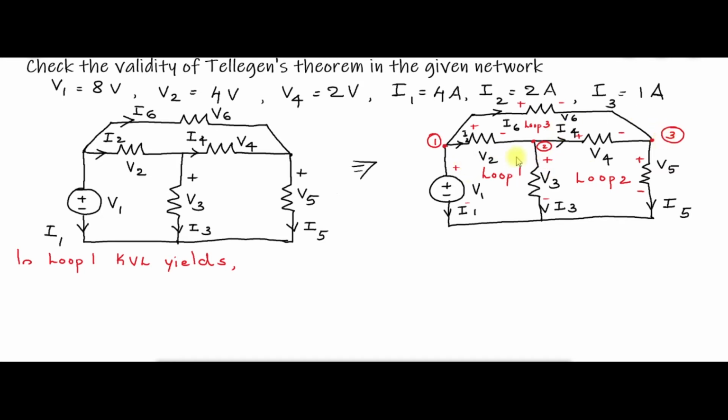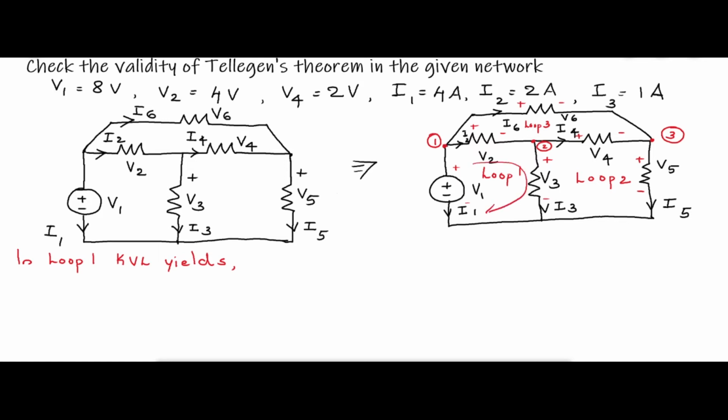First, in loop 1, KVL yields. Here, I have assigned a positive sign here and a negative sign here. When my pointer touches positive, I take it as positive. So, I first assign the loop in this manner.